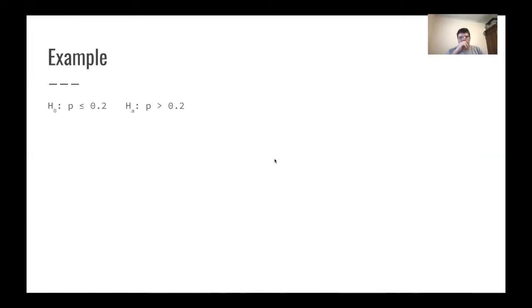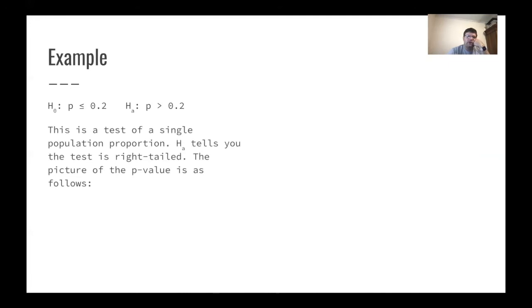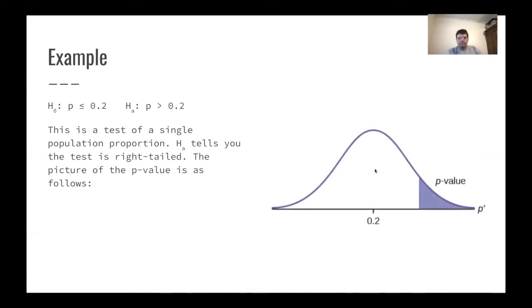So here's an example. Our null hypothesis is that the proportion would be less than or equal to 0.2, and then the alternative would be greater than 0.2. So we want a right tail, because we're trying to show the alternative is what is happening. The picture would show a rejection region if we get something significantly higher than 0.2.